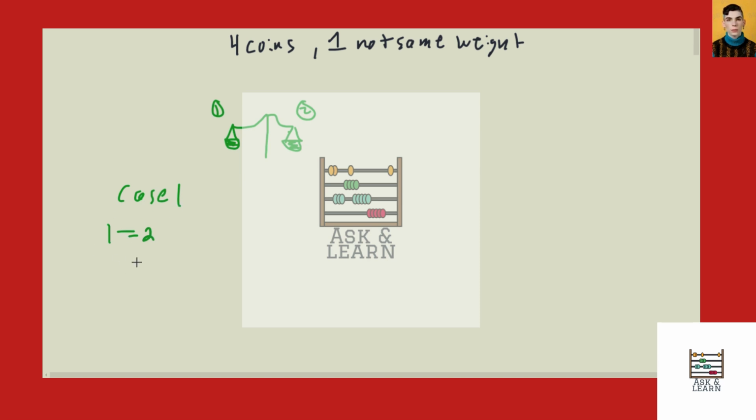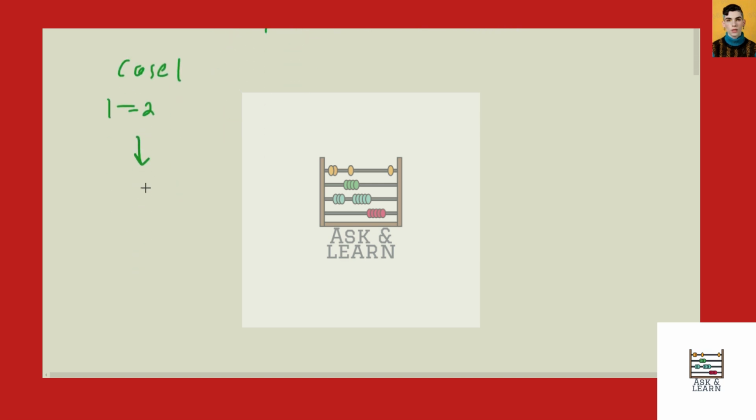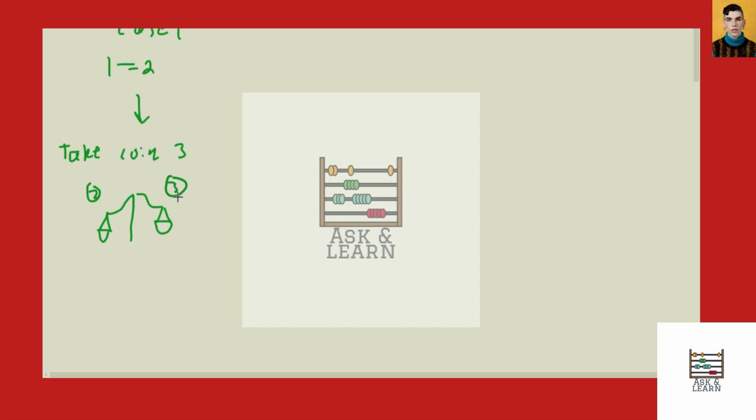So in this case, what we're going to do then is take coin 3 and weigh it against one of these. It doesn't matter which one we weigh it against. All that matters is that we weigh it. So I'll just say we took 2 and 3. So now we have two cases here.